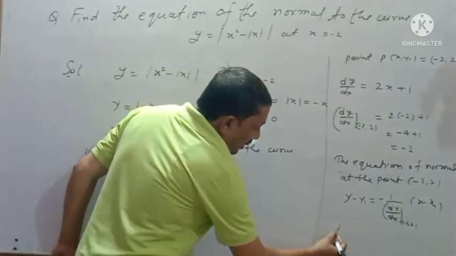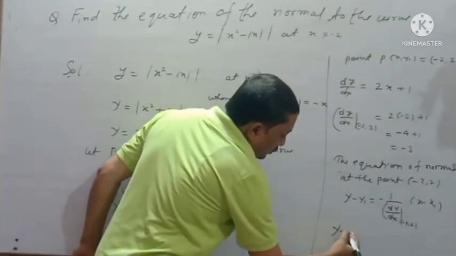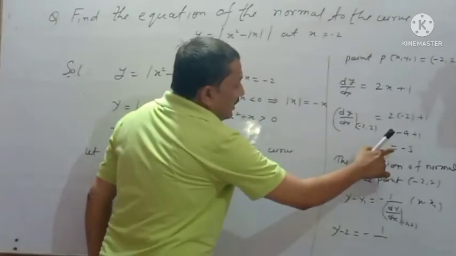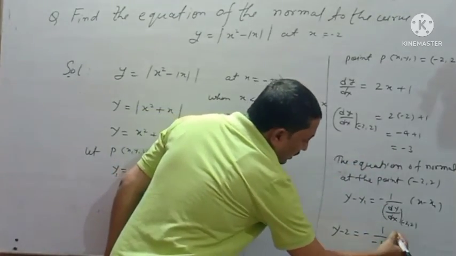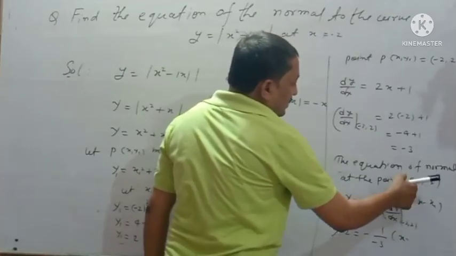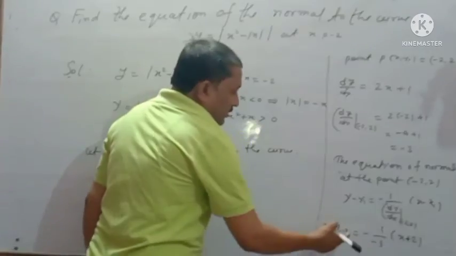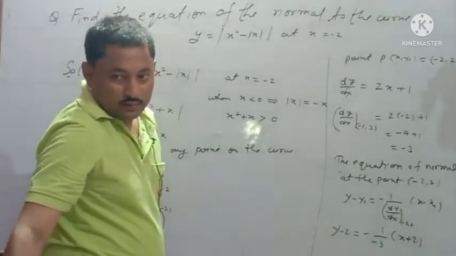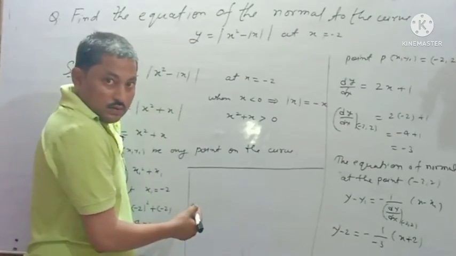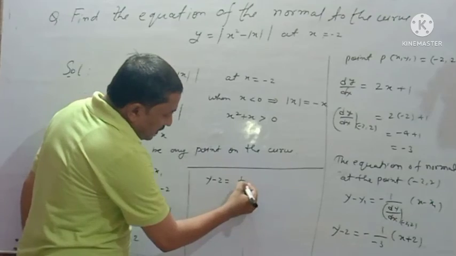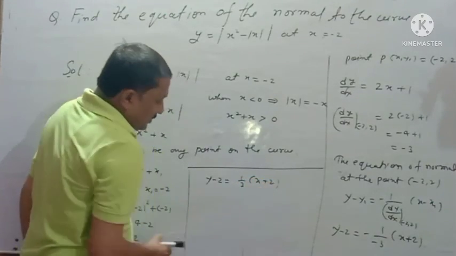So y minus y1 is y minus 2, and minus 1 upon dy by dx at the point is 1 upon 3, and x minus x1 is x plus 2. So we get y minus 2 is equal to 1 upon 3 times x plus 2.